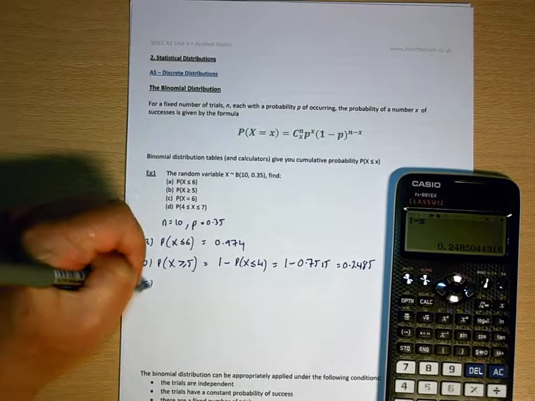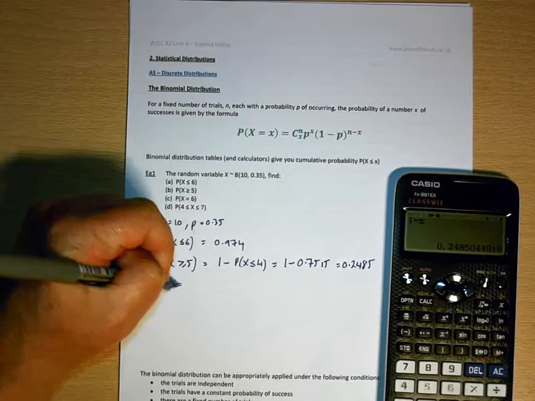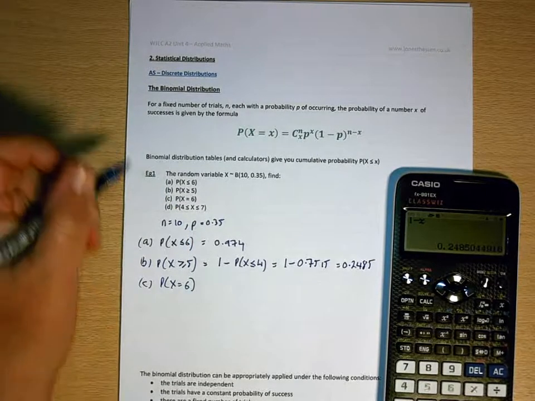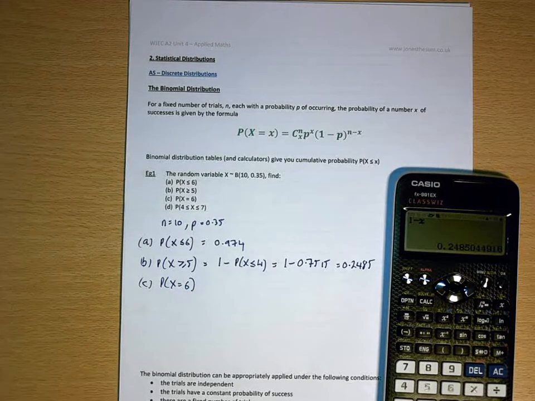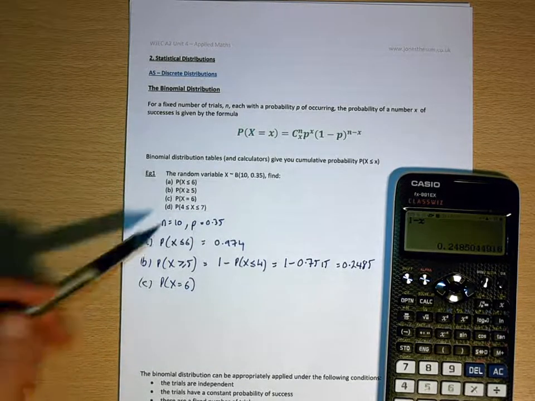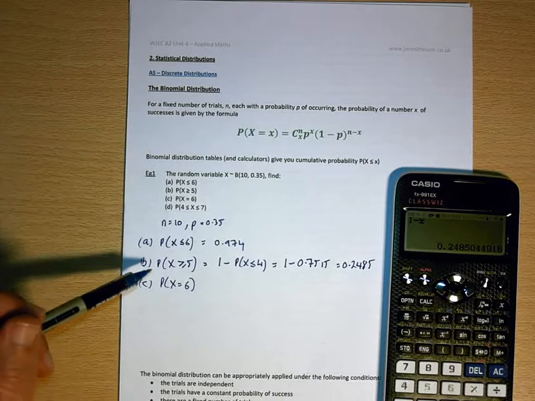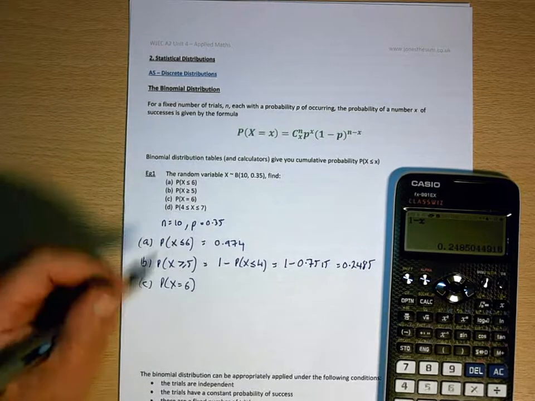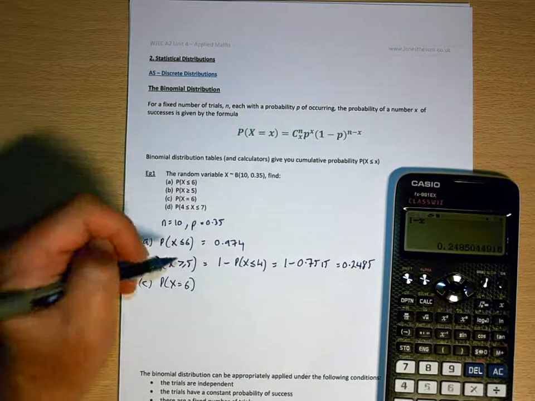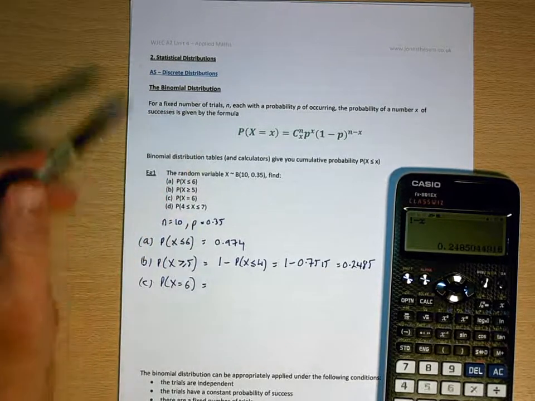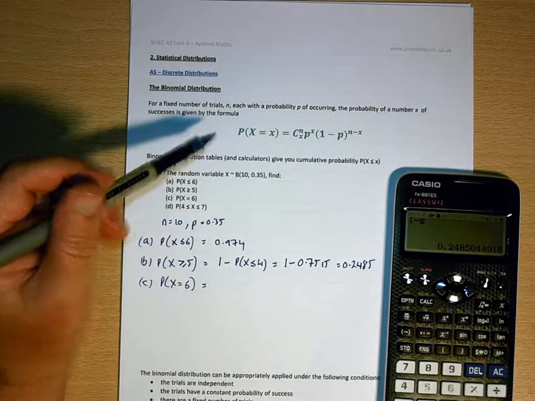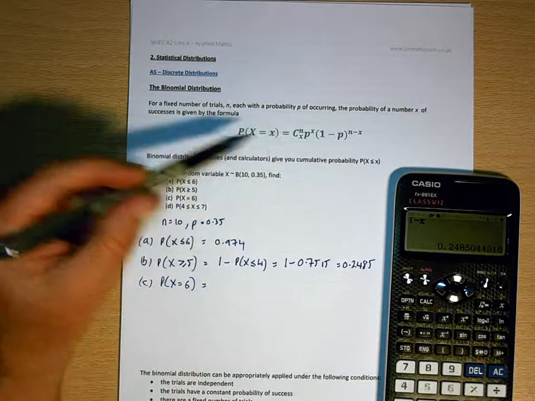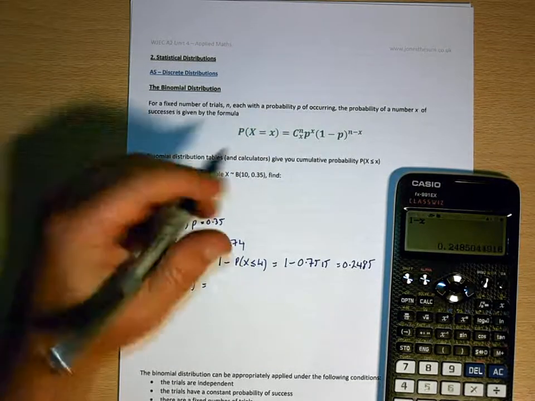For part C, probability x equals 6. You could do it by reading 2 more cumulative figures off and subtracting them, but it's worth practicing this anyway because they could ask you to use the formula. So if it's an equals, we can put it straight into that formula there.